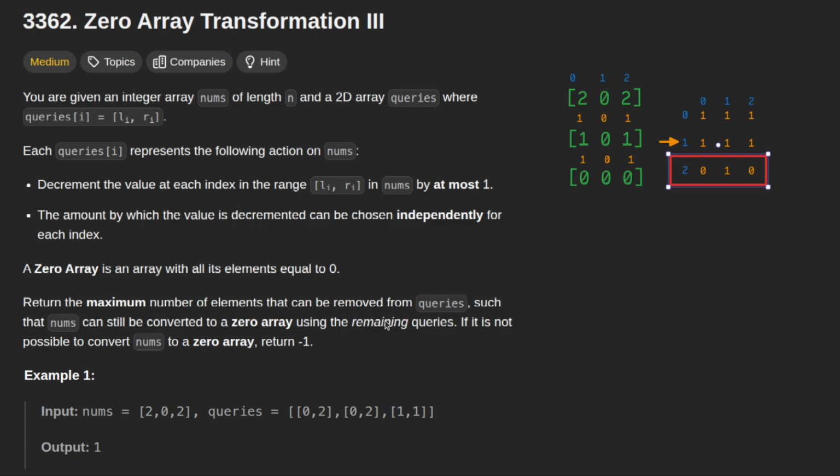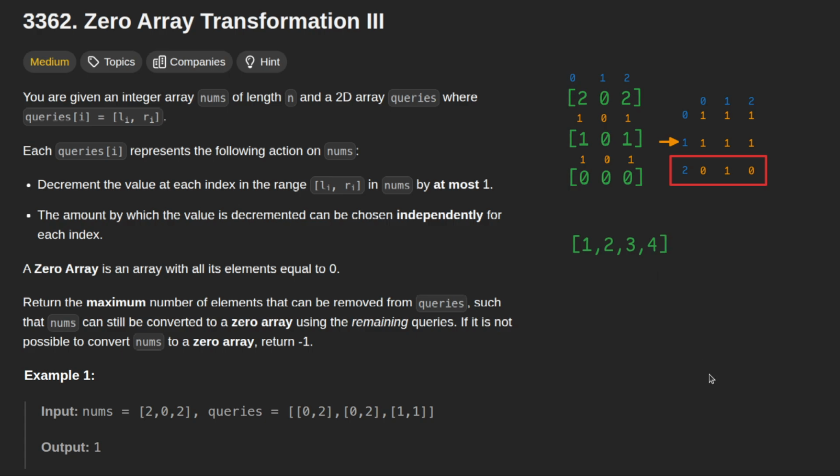So let us go to that. It is 1 2 3 4, and the query is 0 to 3.